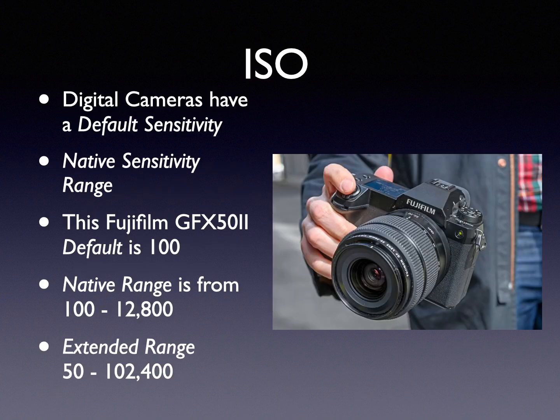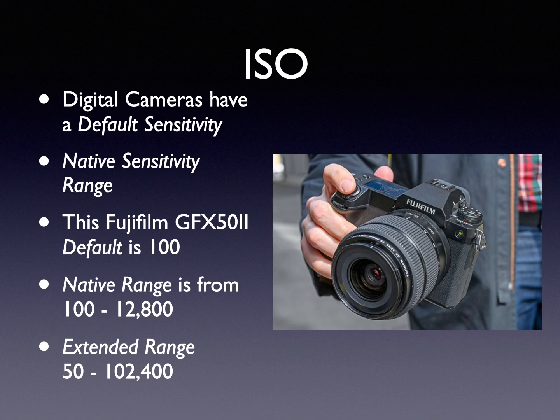So digital cameras have a default sensitivity and a native sensitivity range. So for example, this camera has a default of 100. So if you set it at 100, it's probably the highest quality you can get. But the range of really good quality on that camera is from 100 to 12,800.